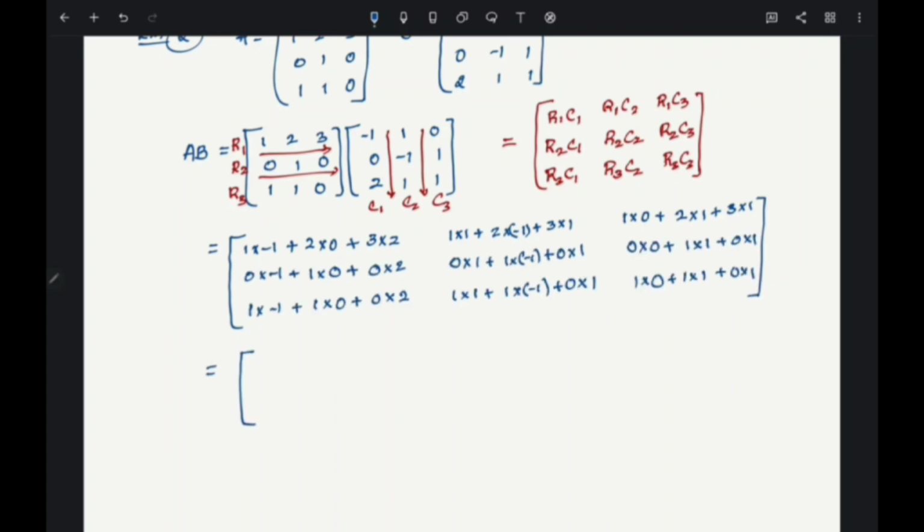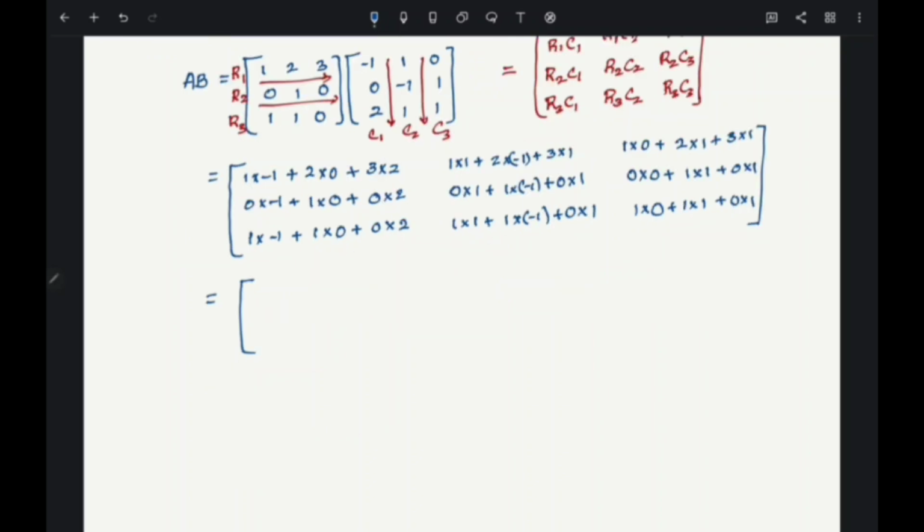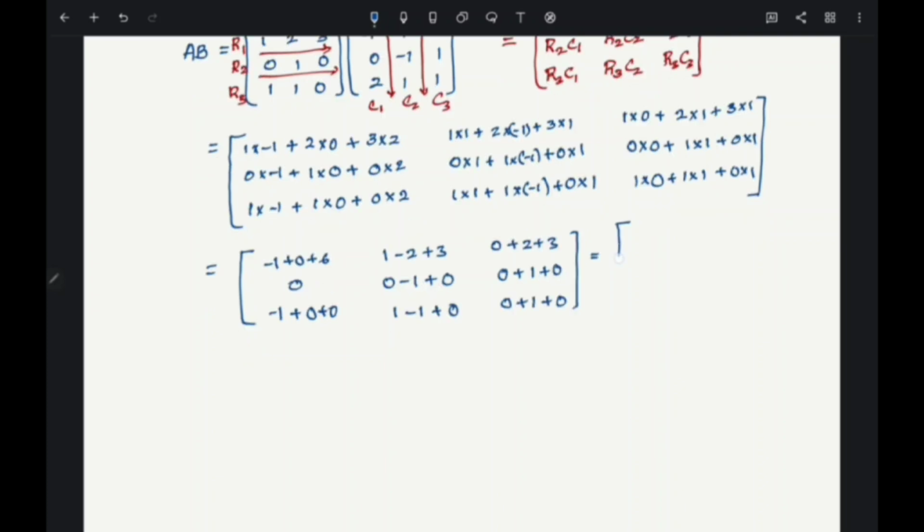So this is the multiplication of all the rows and columns I have got. Next, let's simplify these terms. What you'll get is 1 into minus 1 is minus 1 plus 0 plus 6. Next we will be getting 1 into 1 is 1 minus 2 plus 3. Next is 0 plus 2 plus 3. And in a similar manner, write it up for all the things.